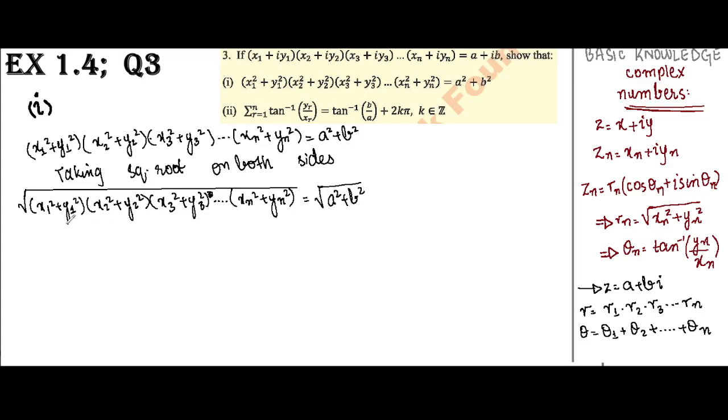Now we are going to write these square roots separately on each of the following terms.